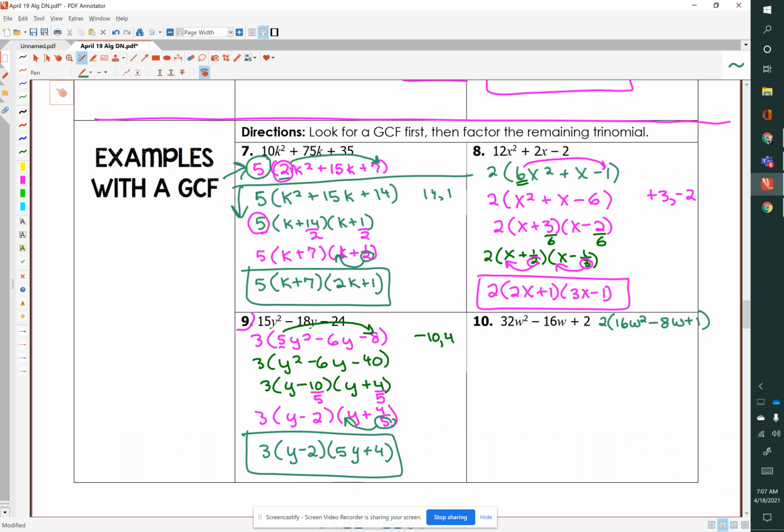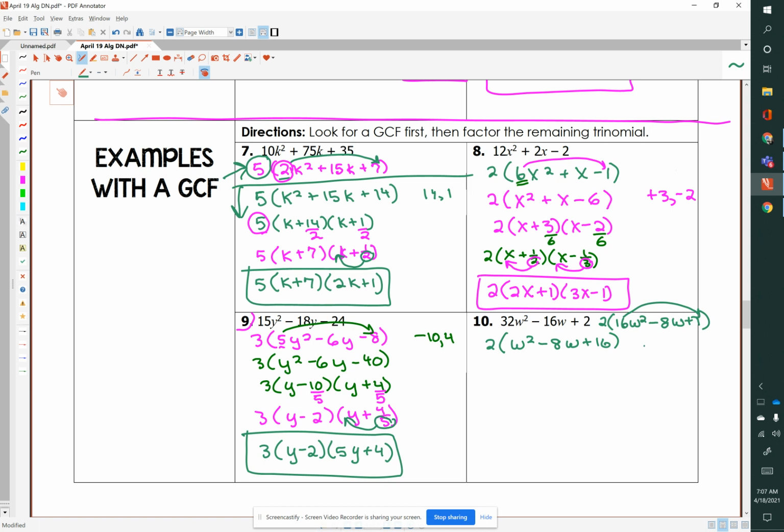Oh, not yet. I'm sorry, I forgot to do my slip and slide. 16 times 1, 2 times w squared minus 8w plus 16. Okay, now I need two numbers that multiply to 16 and add to negative 8, excuse me.